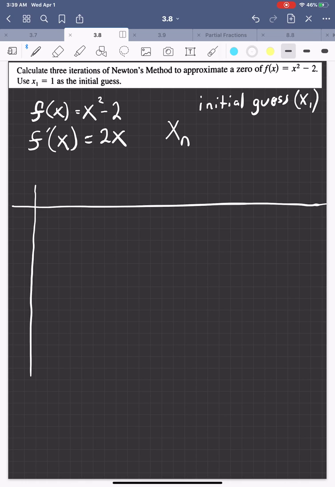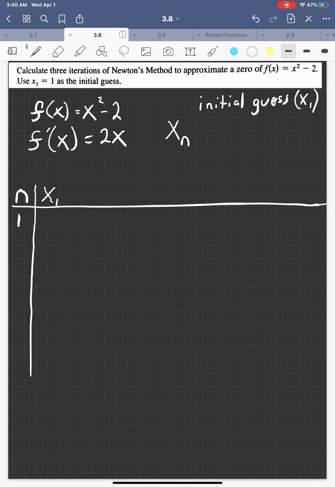That's your first round of approximating. So in this case they actually tell us, so this is the n. They tell us to use 1. So this is going to be x sub 1.